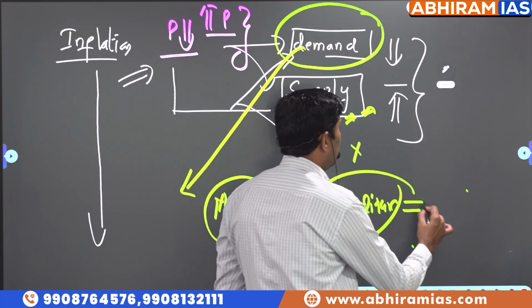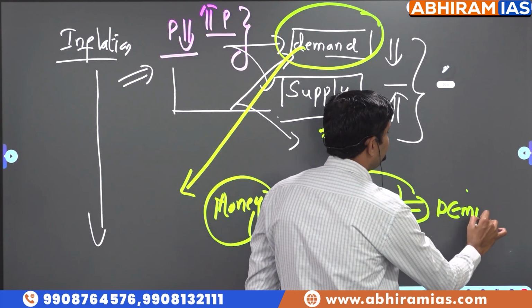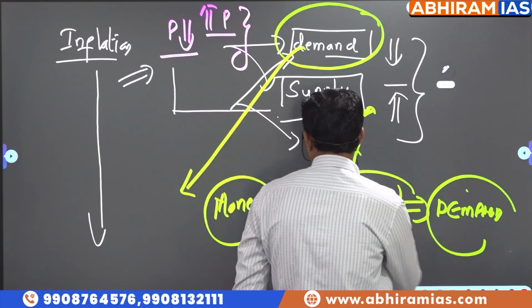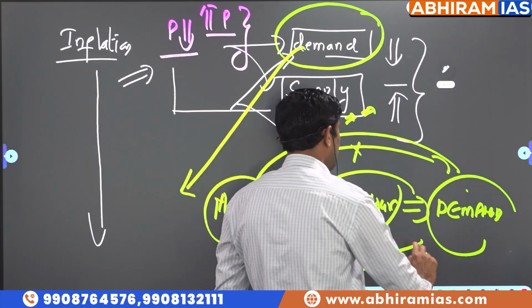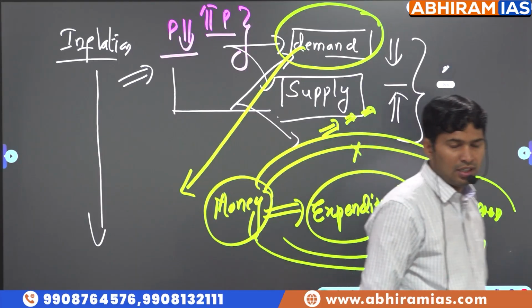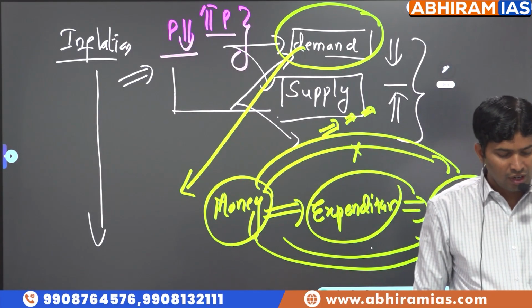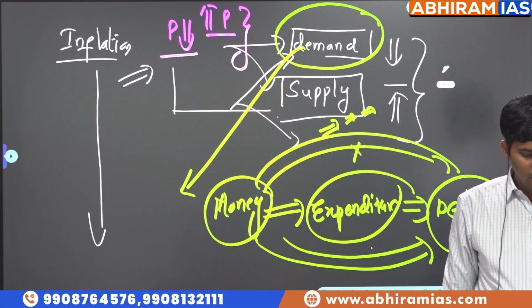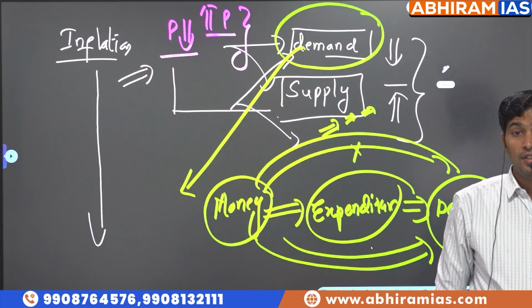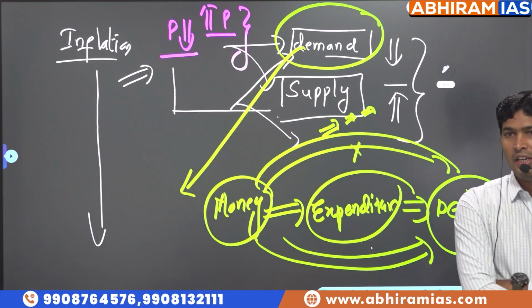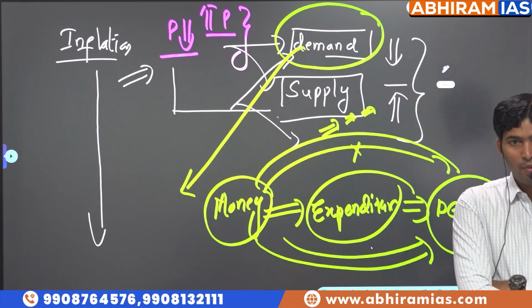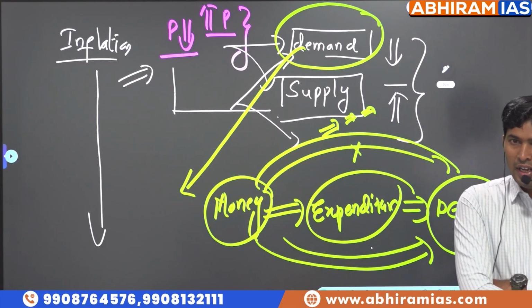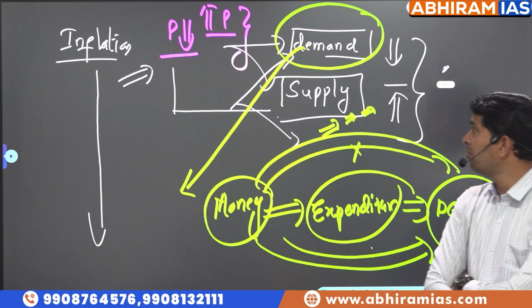So what is the relationship between demand and money? Directly proportional. More money, more demand. Less money, less demand. Look at the first week of every month: how you spend? More money, so more demand. Last week of every month, no money, trying to manage. So if money supply is more, demand would increase. This is the logic of monetary policy.